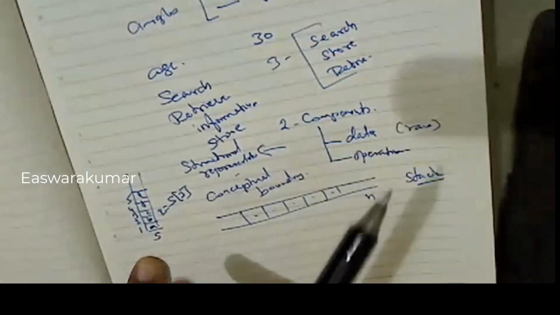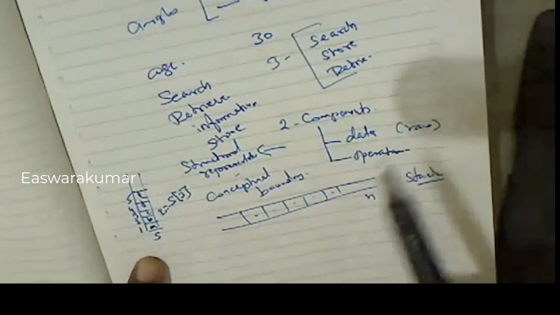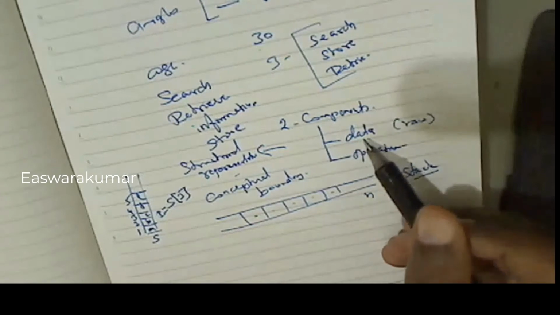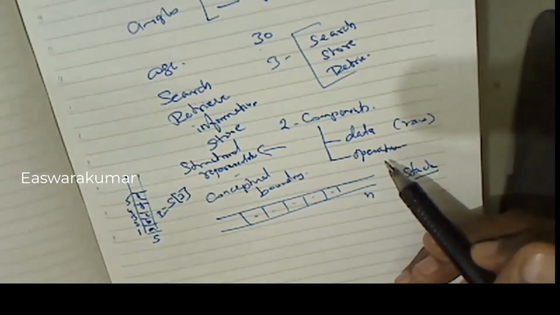So if you define this as a data structure, then as I mentioned earlier, there are two components. One is called data, the other is called the operation. Here we will define clearly what the operation has to do. For example, if you want to remove, the removal operation will remove only the topmost element.